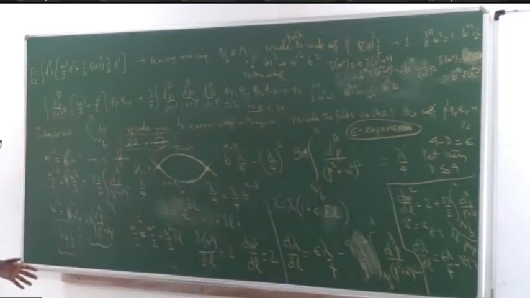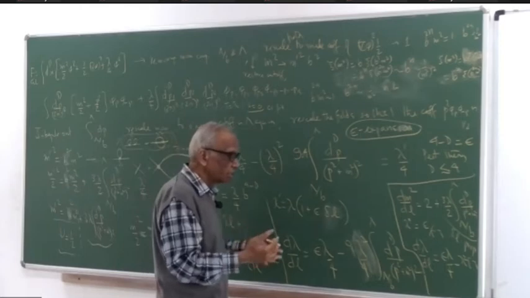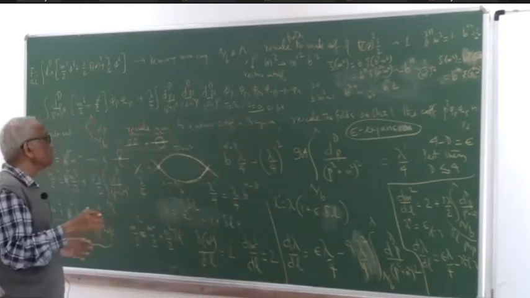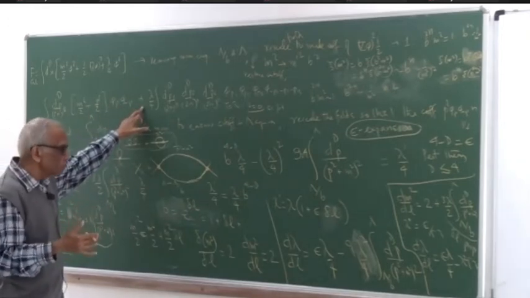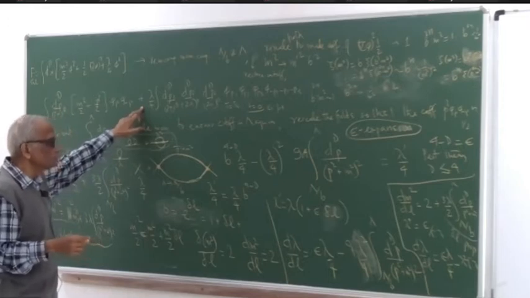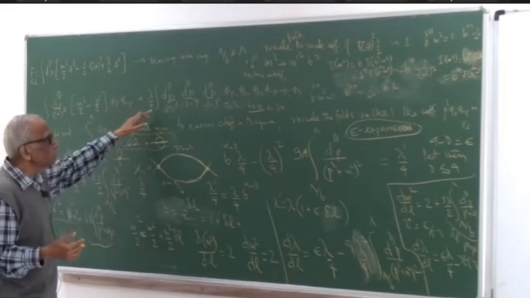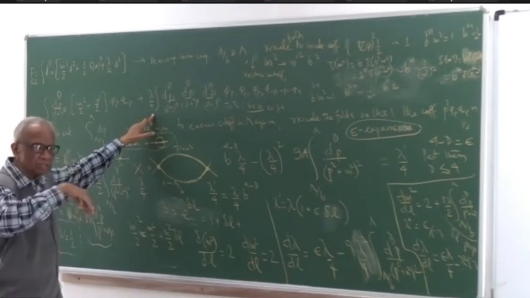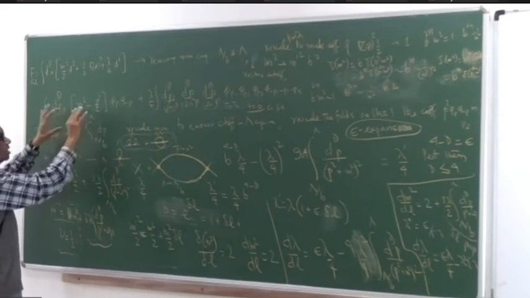Get the point? So that is how this d equal to 4 magically appears. Everything is done around d equal to 4. We knew that d equal to 4 is a magical dimension because the naive dimension of lambda is d minus 4. So under a rescaling transformation, lambda grows when d is less than 4 and goes to 0 when d is greater than 4. So for d greater than 4, the thing is entirely a Gaussian model.